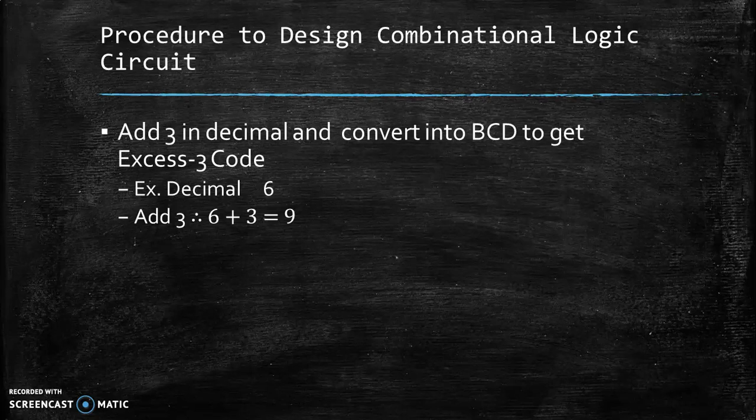So 6 plus 3 is equal to 9, and we have to convert 9 into BCD, and that comes to 1001. So 1001 is the Excess-3 code for the decimal number 6. Now we start with the truth table.